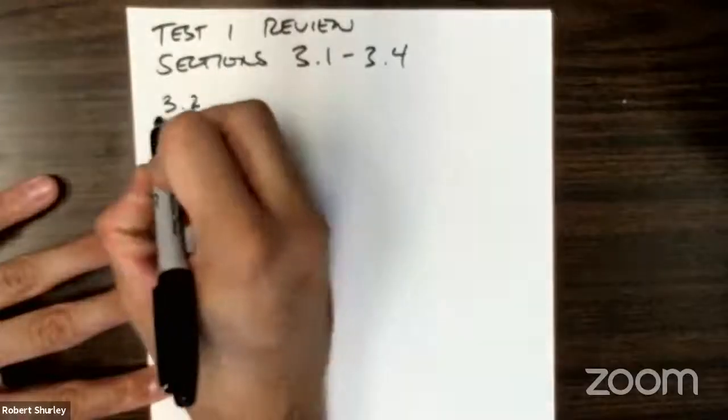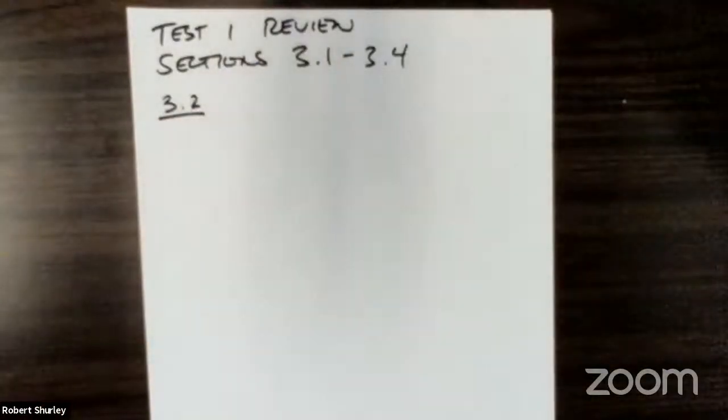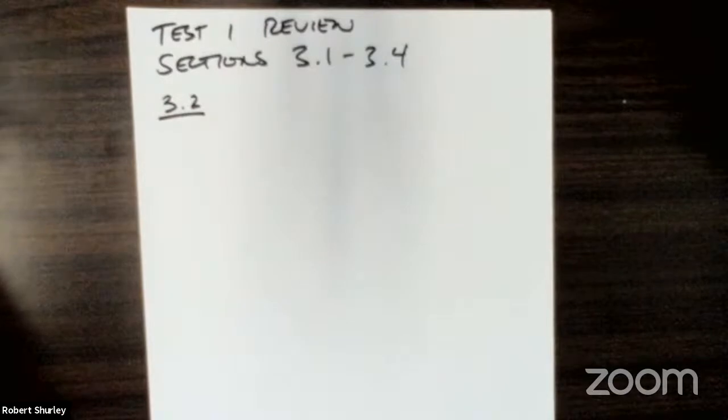Can you do number 11 on 3.2? Okay. So first let's start at 3.2. Let me flip over to the document camera. Okay, so first we're going to start with 3.2 and the homework, number 11.